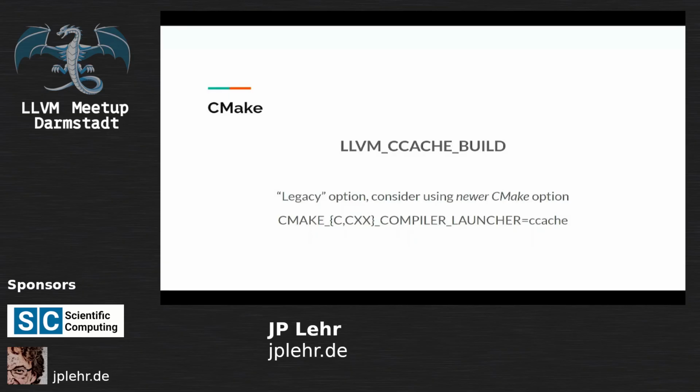But if you're running on an older host that doesn't have a more modern CMake version installed, you can use that option to work around the missing compiler launcher flag. And you will see this also in some of the buildbot configs that run on older OSs that do not have a more modern CMake installed.